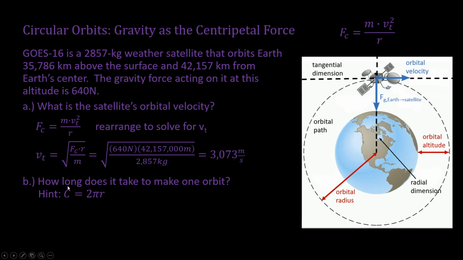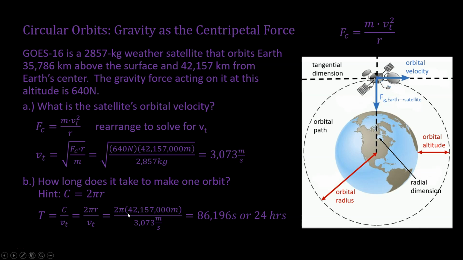Also, we need to recognize that the amount of time it takes to make one orbit is known as the orbital period. And so the formula for the orbital period, capital T is the symbol for the orbital period, is equal to the circumference of the orbit divided by the tangential velocity. And of course, we know the circumference is 2 pi times the radius.